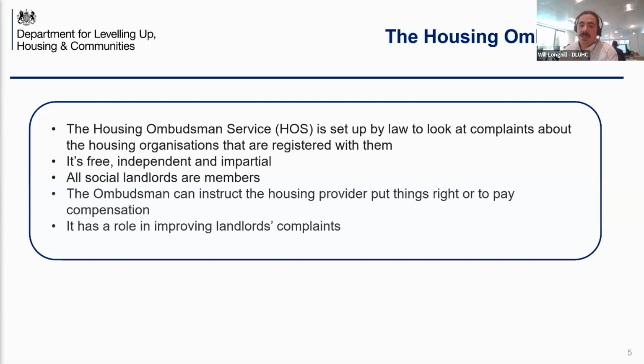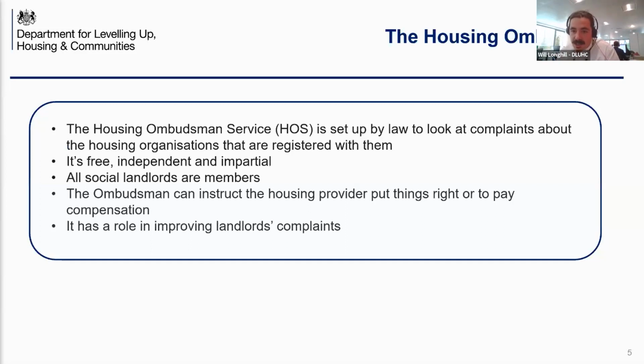The ombudsman's role is to decide whether a registered provider has been responsible for maladministration while carrying out its functions. And maladministration means effectively not following its own procedures or the various bits of regulation and law that Luke was talking about.